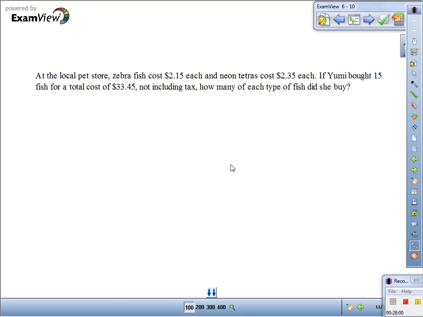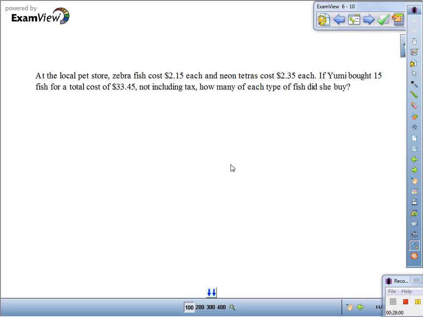If Yumi bought 15 fish for a total of $33.45, not including tax, how many of each type of fish did she buy? Before we get started, tell your neighbor what kind of the 4 applications is this one. Everyone? That is correct.